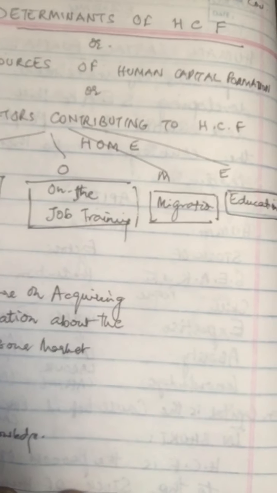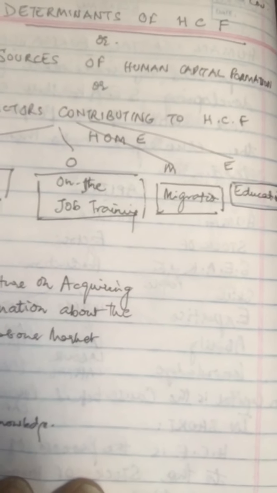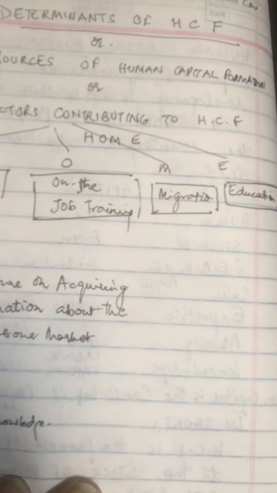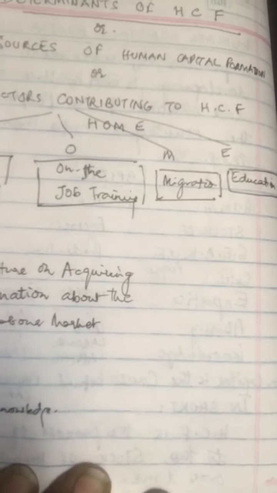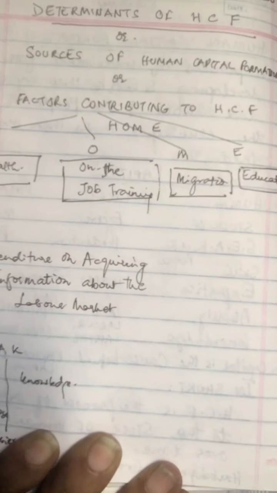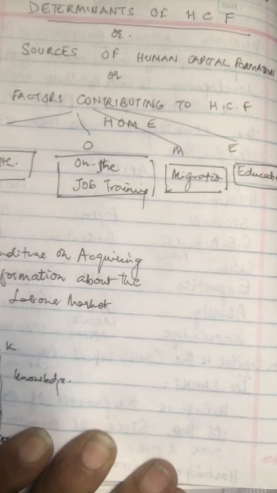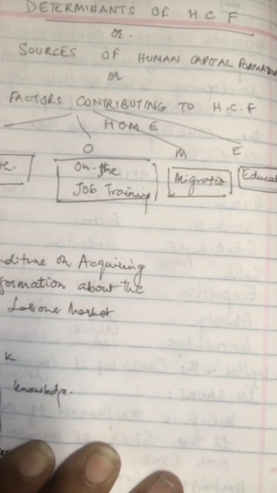Expenditure on health makes a man more efficient and therefore more productive. So his contribution to the production process tends to rise. Obviously, he will add more to the GDP of the nation than a sick person. So expenditure on health, therefore, is a very important determinant of human capital formation.